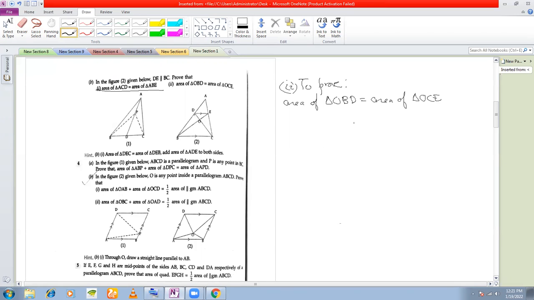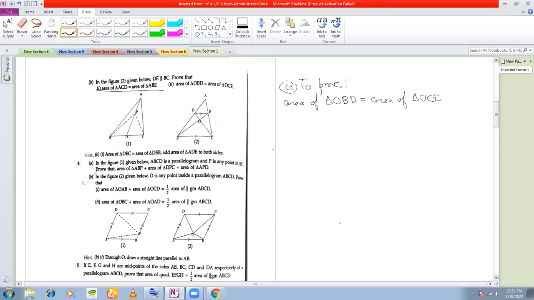Sir, if we subtract triangle DOE, right? Yes, exactly. This triangle and this triangle are on the same base. They must be equal in area. So if I subtract simply this triangle, I'll get these two triangles, isn't it? And that is what we have to prove. So let's start with these two.